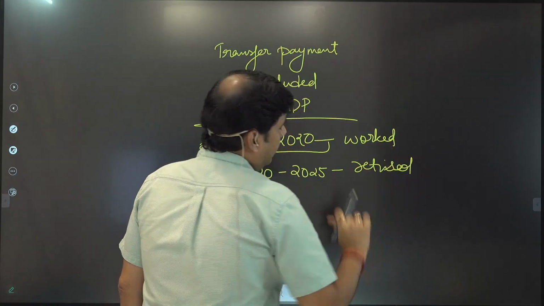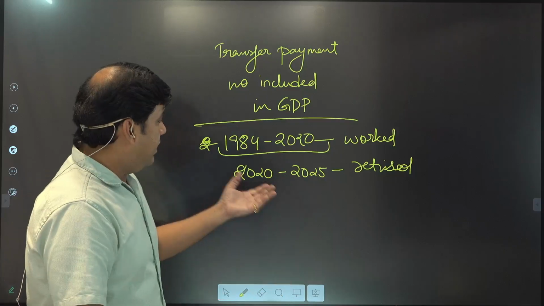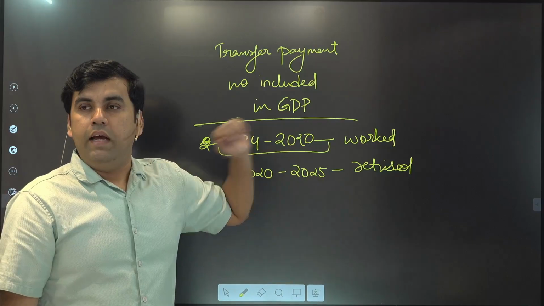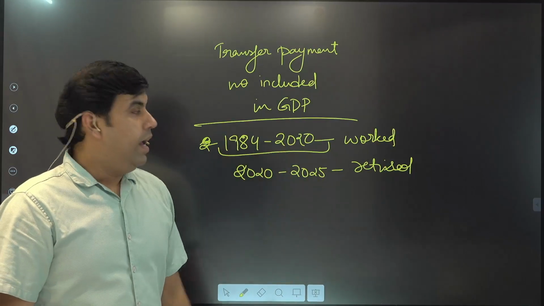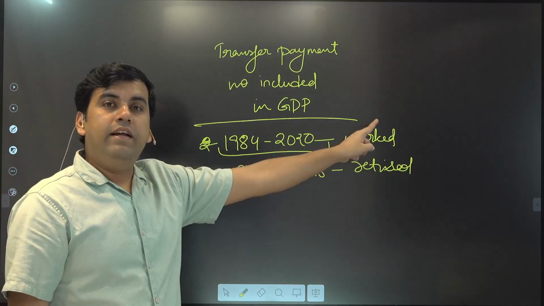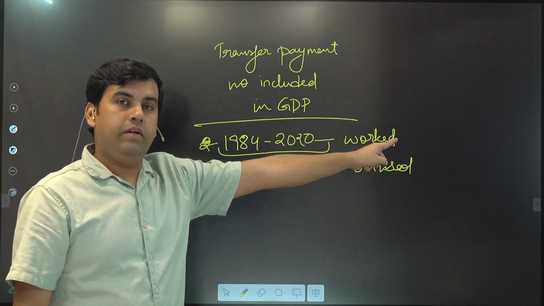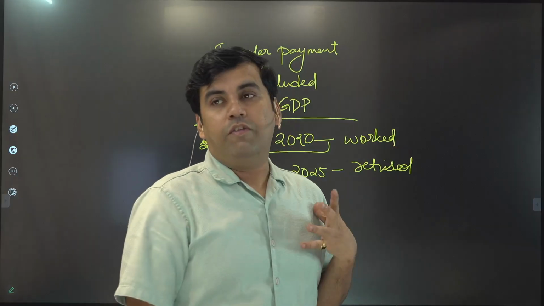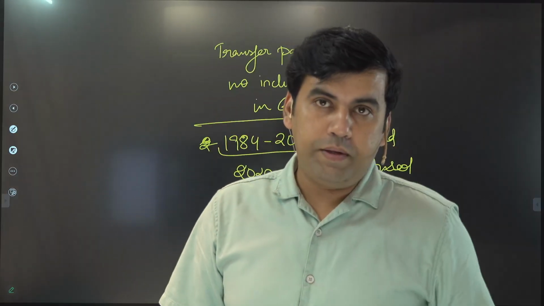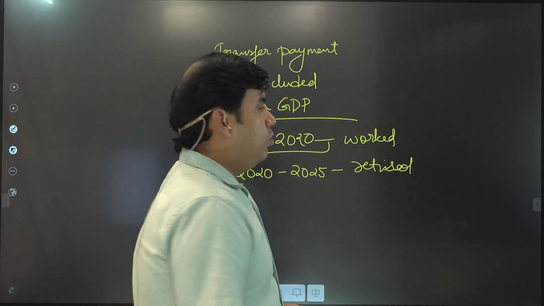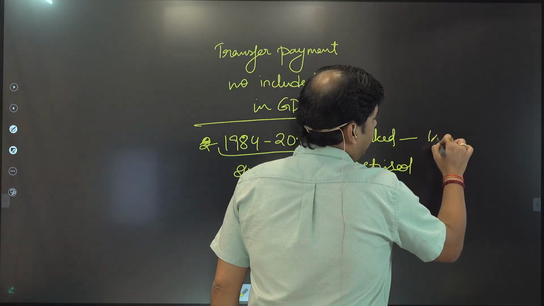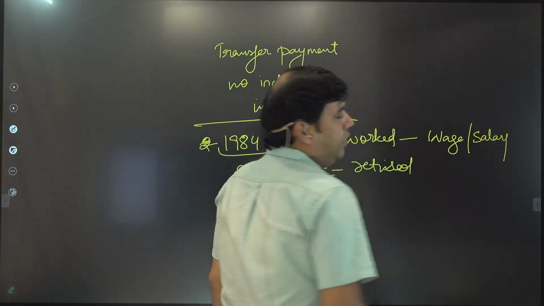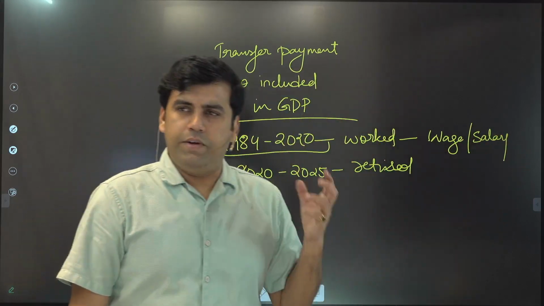Now the question is, when he is retired, is he working? No. When he worked, did he receive factor payment or transfer payment? When he was working for 36, 37 years, the factor payment. So he was earning wage or salary or whatever, right? If he was in a business, he was earning profit.